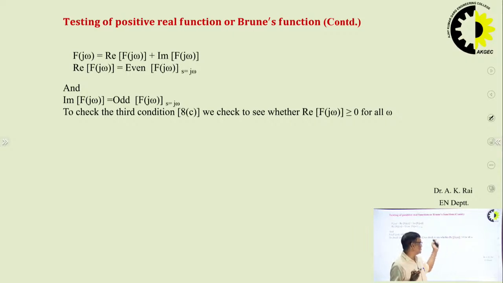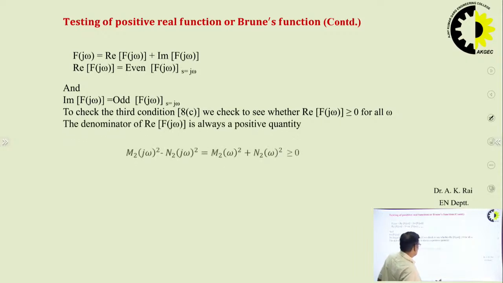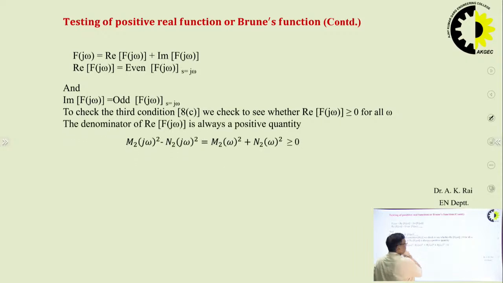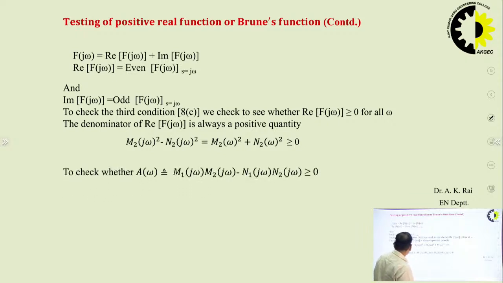The denominator of this even part is always positive. So what we have to check is the numerator, which is m1(j omega)m2(j omega) minus n1(j omega)n2(j omega), for it to be greater than or equal to 0.